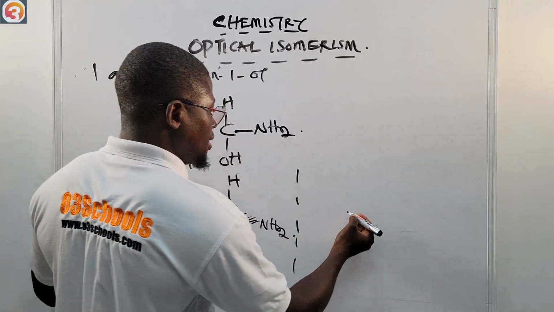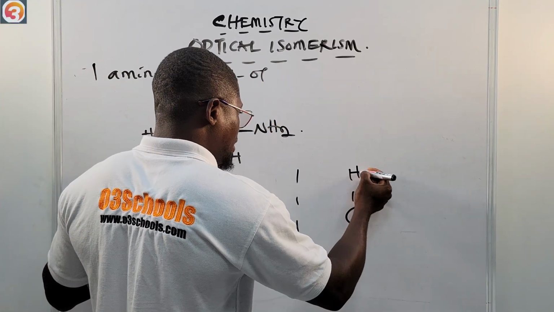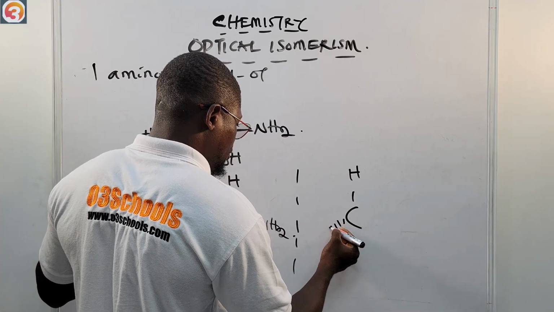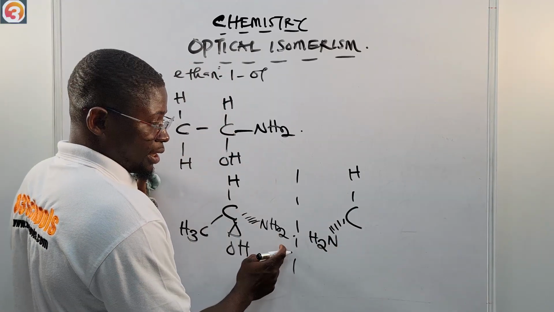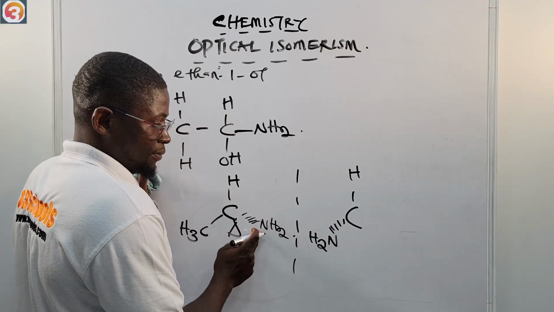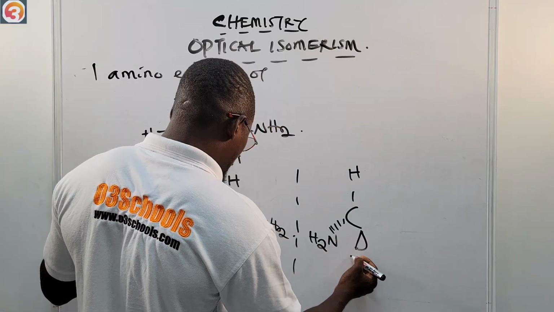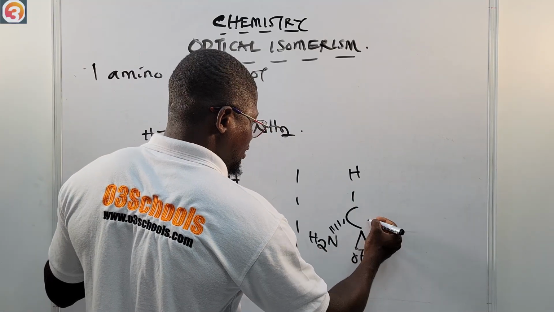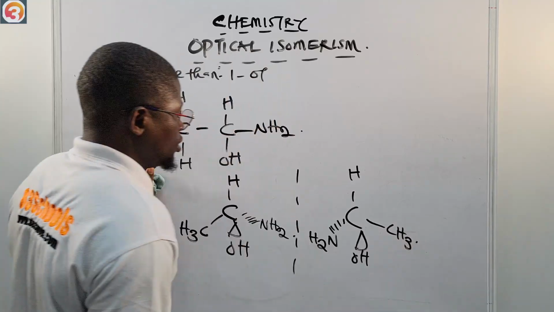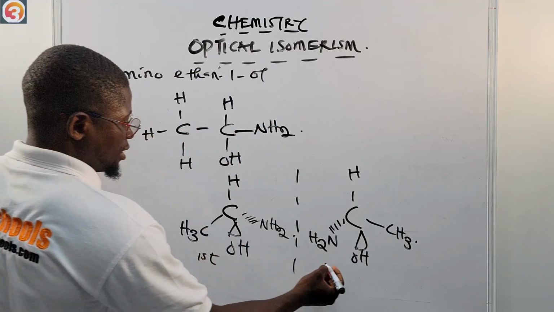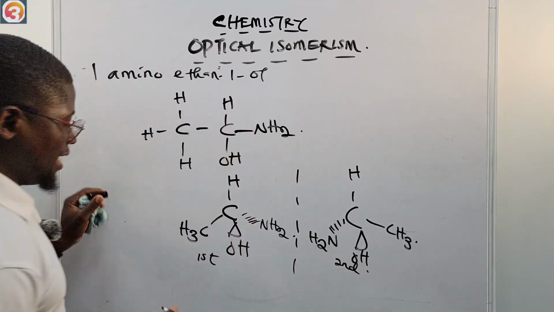If I draw the mirror image, I have our C bonded to hydrogen, then H2N, not NH2 again, because it is directly bonded to nitrogen, then our OH, and then CH3. So this is our first enantiomer, and this one is our second enantiomer.